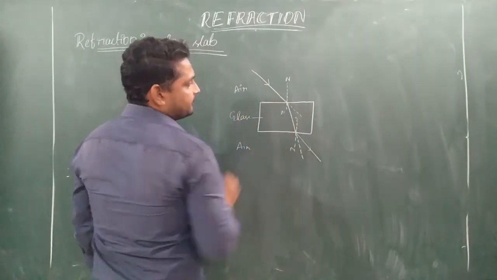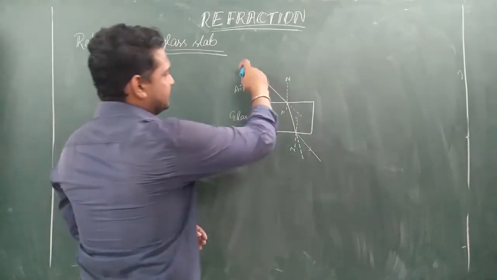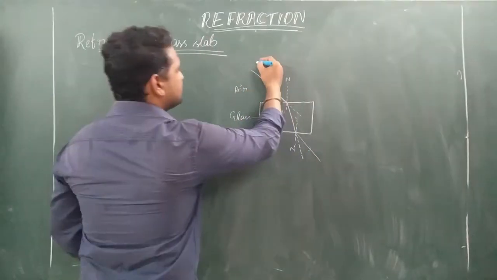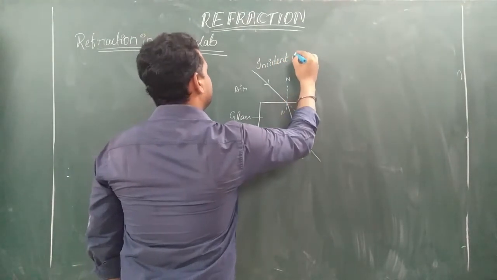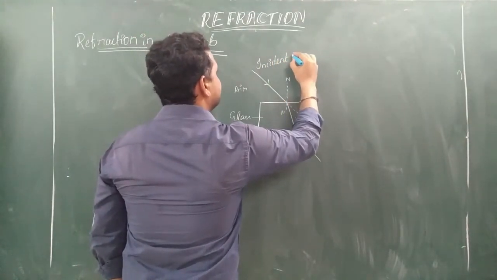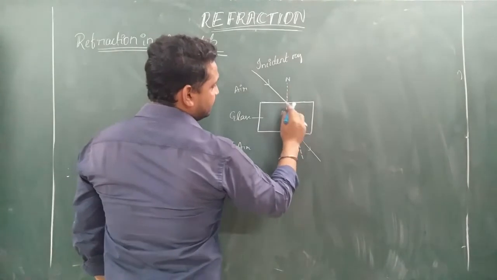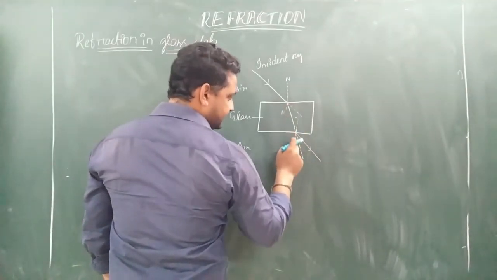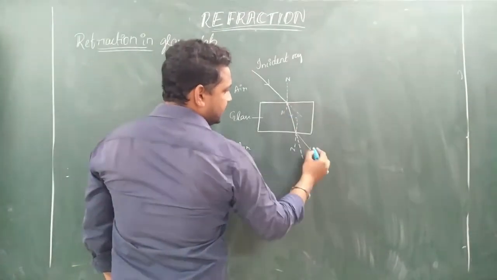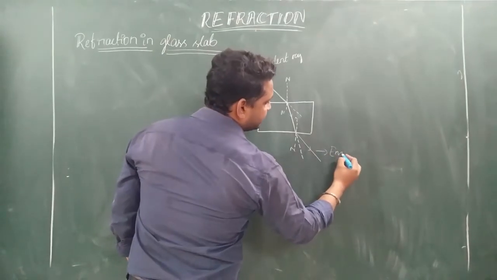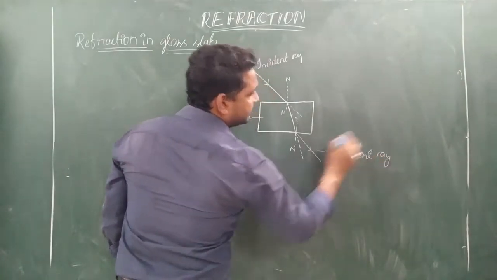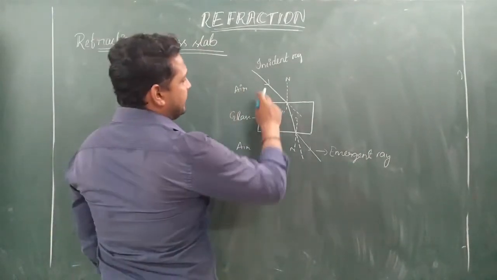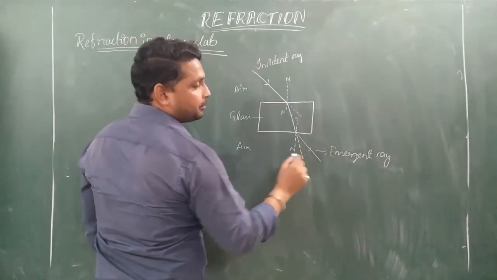Understood? What you can see here, this ray is called the incident ray. This is the refracted ray for this incident ray, and this is the incident ray for this one. And this one is the emergent ray. The incident ray and the emergent ray are parallel to each other.